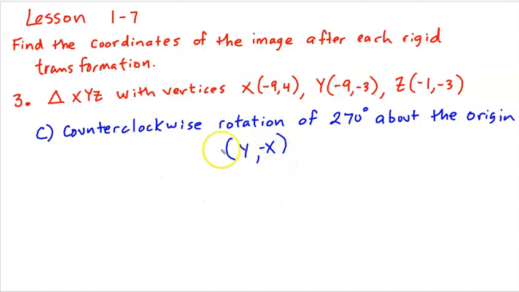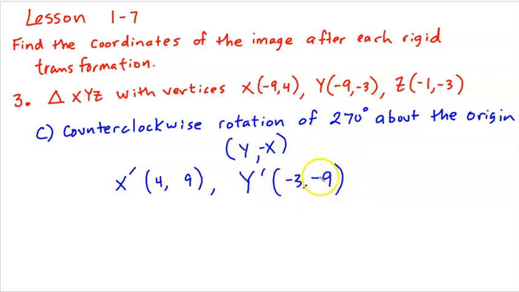So that means for X prime, you can look at it this way. You just switch these. The initial switch would look like this, but then we're going to change -9 to +9. So switch and then change the y. Y prime, same thing. We're going to switch x and y.